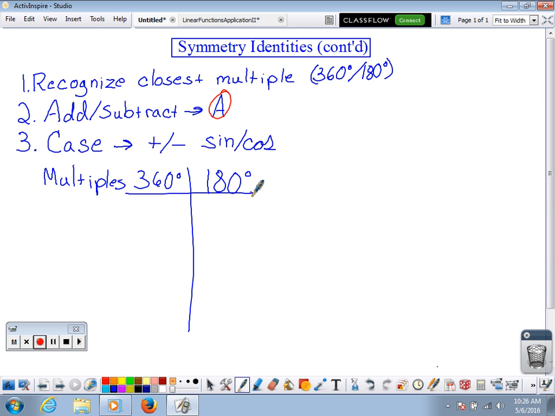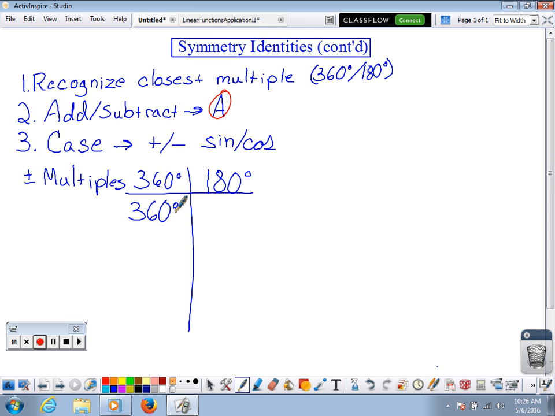So having a reference sheet of these is going to be helpful for us, something we can flip back to. Obviously they go on forever in both directions, and we can continue adding 360 and or 180, and we can have very, very large positive or negative numbers. But I'm going to give you some of the basic ones.